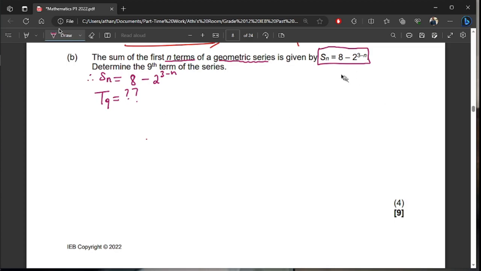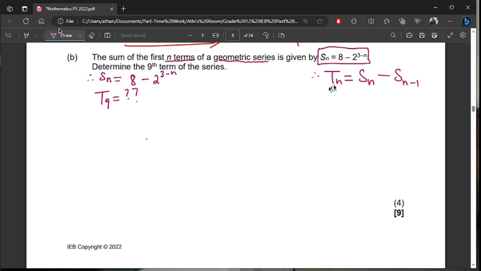Now, the formula that I'm going to use here is, if you are looking for any term, Tn, you can say S of that term, meaning the sum of term 1, term 2, term 3, all the way to that specific term, minus the previous sum of the terms, meaning minus S n minus 1.